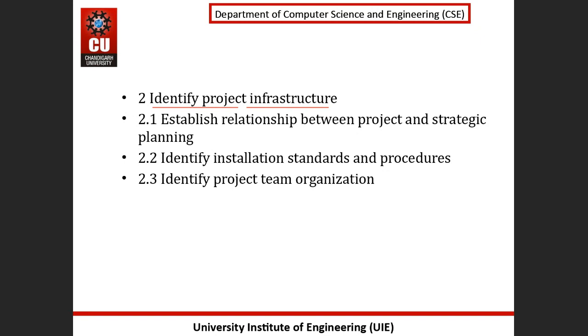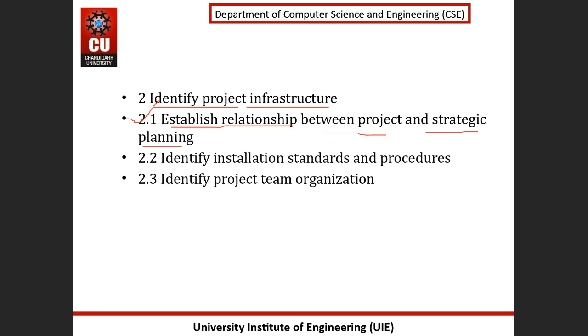So infrastructure may vary according to the project manager, whether he is within the organization or outside the organization. So under this, we will have first further step, that is establish relationship between the project and strategic planning.